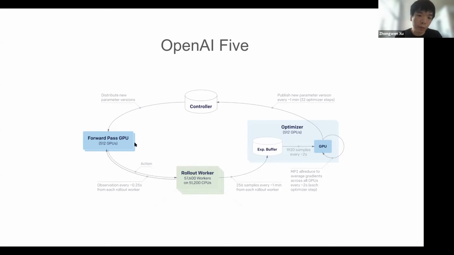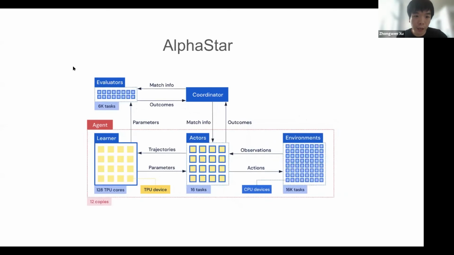And then the forward GPU is just doing the agent dot step. So essentially the central API is the same, but it requires another level of distributed training system, the knowledge of the highly skillful implementation of that. But the key ideas of reinforcement learning still apply in the highly complex training system.